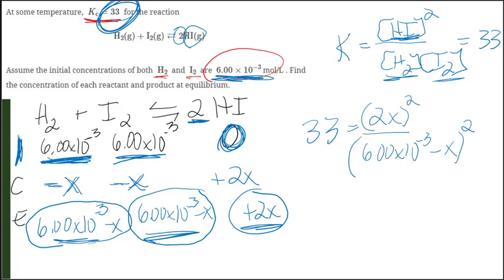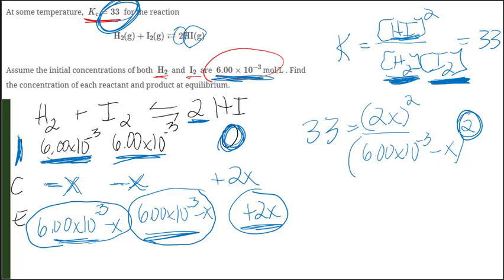When I plugged my values in, I would have 6.00 times 10 to the negative 3 minus x times 6.00 times 10 to the negative 3 minus x. When I have both of the same multiplying each other, I simplified it and I just squared it.